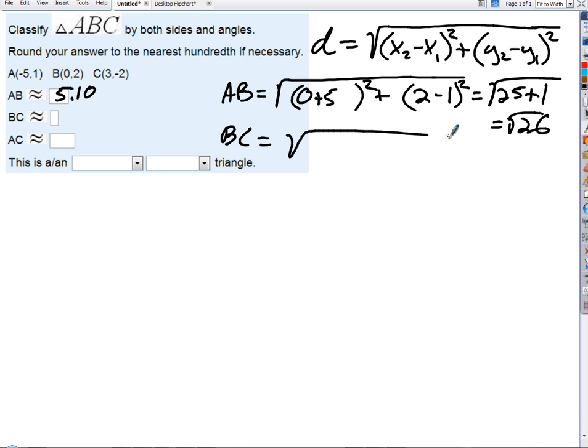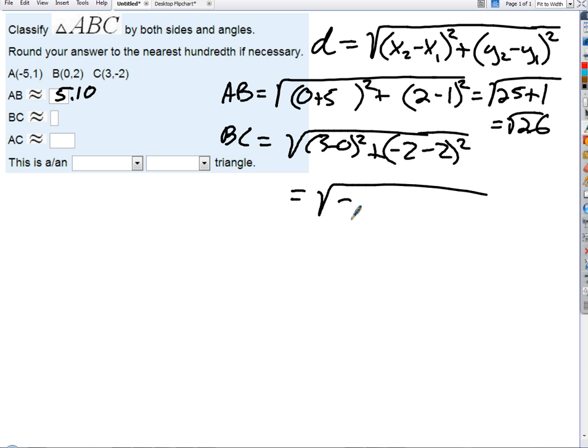Everybody agree? So we get 3 minus 0 squared plus negative 2 minus 2 squared, right? So 3 minus 0 is 3 squared. Negative 2 minus 2 is negative 4.